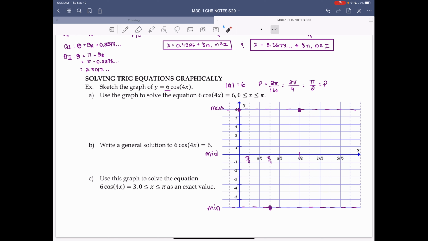4 pi over 12, 5 pi over 12, 6 pi over 12, which reduces to pi over 2, 7 pi over 12, 8 pi over 12 reduces to 2 pi over 3, 9 pi over 12 reduces to 3 pi over 4. 10 pi over 12 reduces to 5 pi over 6, and then we have 11 pi over 12.